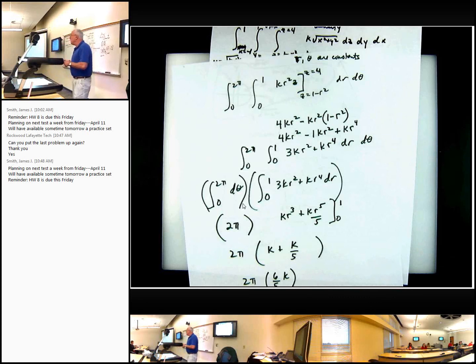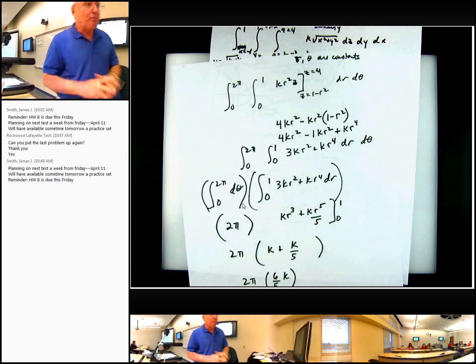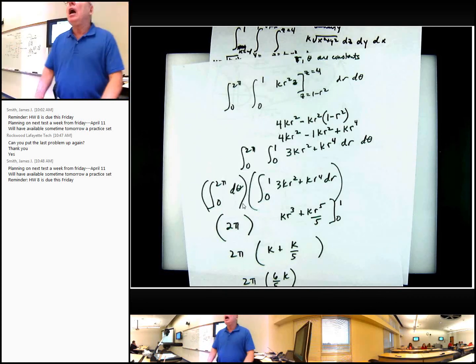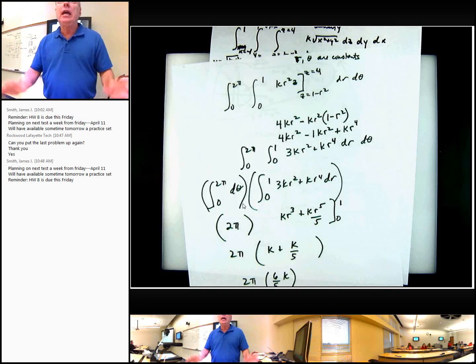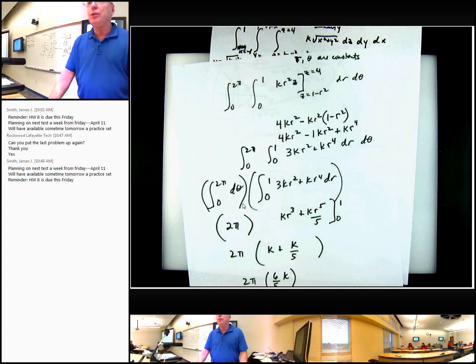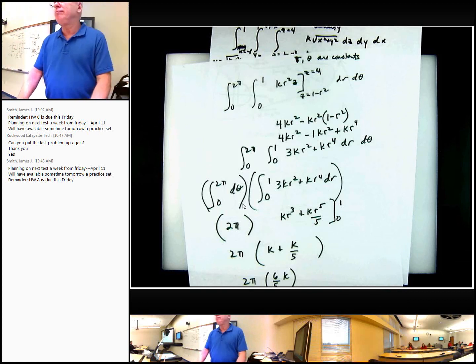It's very difficult actually to follow what they're doing. And I found that tricky to follow what they were doing, for whatever that's worth. Anyway, the plan is to try for a test a week from Friday, and I'll have that practice for you, and that's it then.